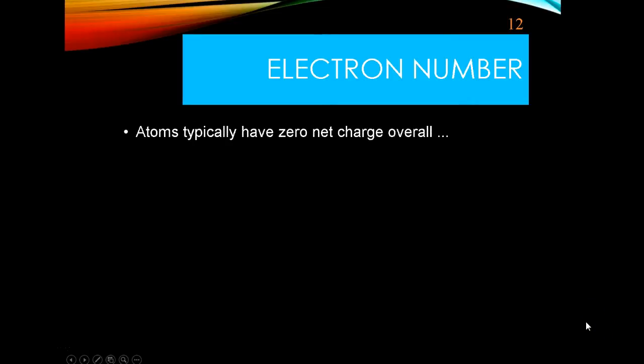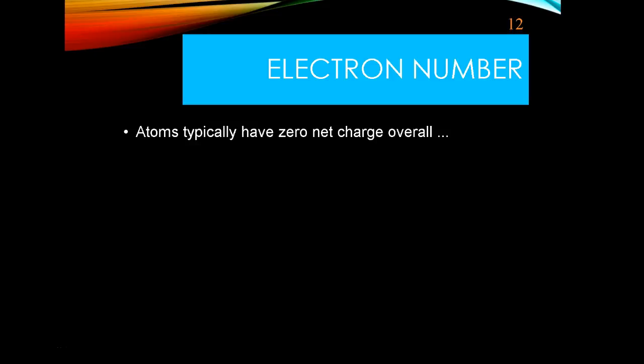So what if I told you that atoms have a 0 net charge overall? If atoms have a 0 net charge overall, that means that if you're thinking about the protons, the neutrons and electrons, there are two of them out of the three that will help us reach that value of 0.